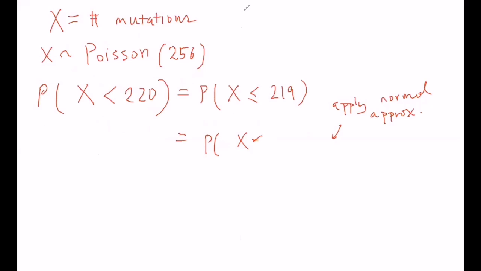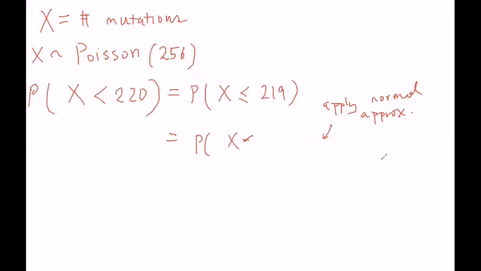That would give you: subtract the mean and divide by the standard deviation, right? The standard deviation of the Poisson is the same as the square root of the mean, right? Now here, what should you use? You should use 219.5. Okay.